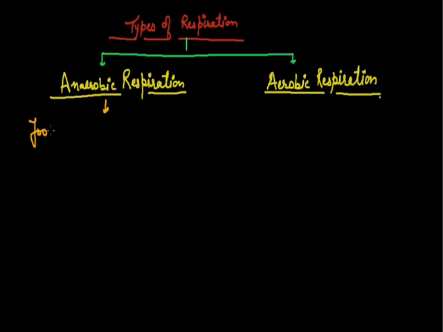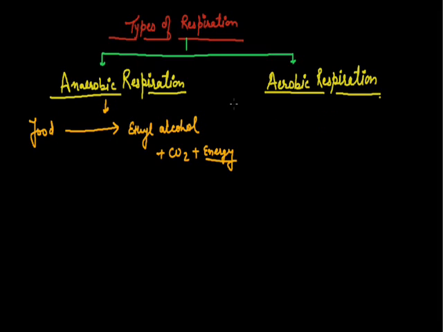If food is oxidized in the absence of oxygen and is transformed into ethyl alcohol and CO2, along with the release of energy, then this way of respiration is anaerobic respiration.